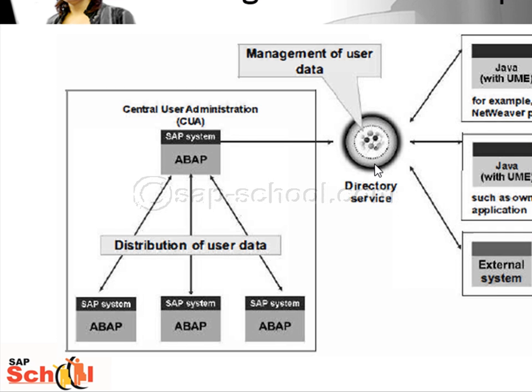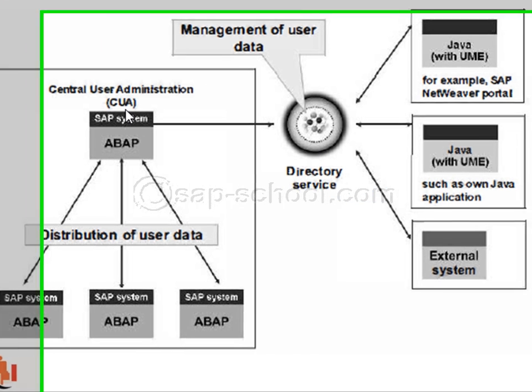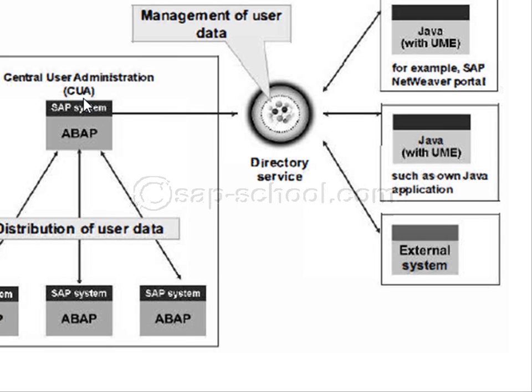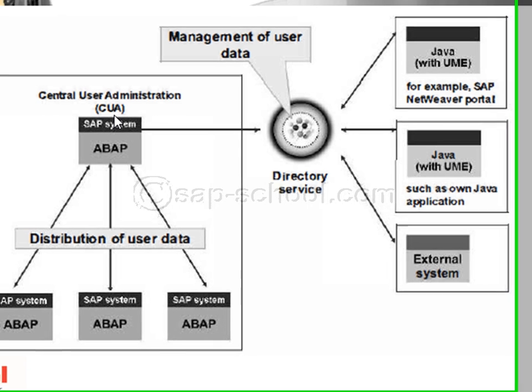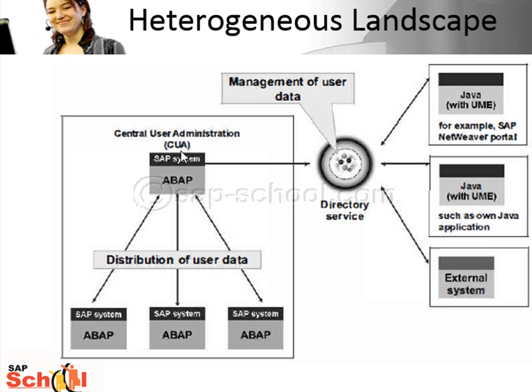Also, as shown, the ABAP systems are maintained with CUA, which is Central User Administration. CUA synchronizes user data with the directory service. In case of Java systems, the directory service is configured as the data source. Non-SAP systems also have access to users through the same directory service.